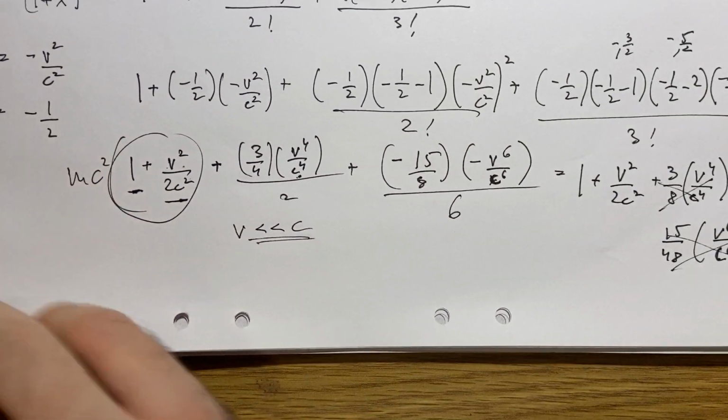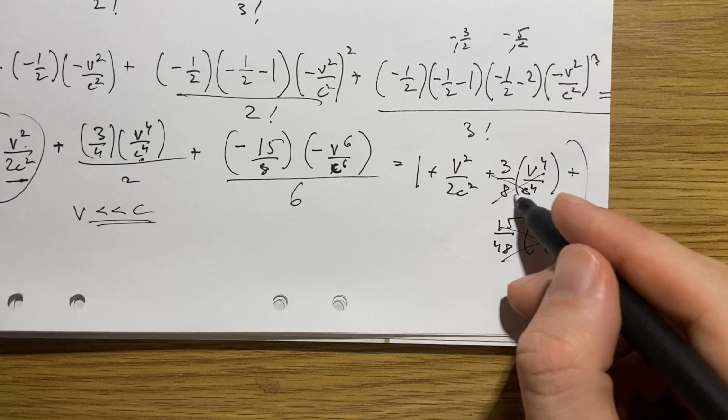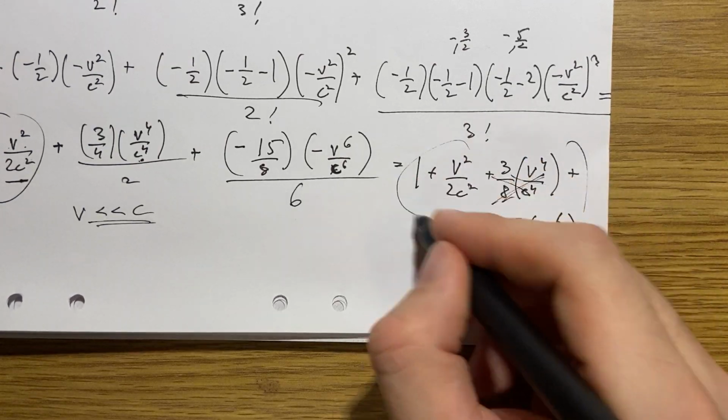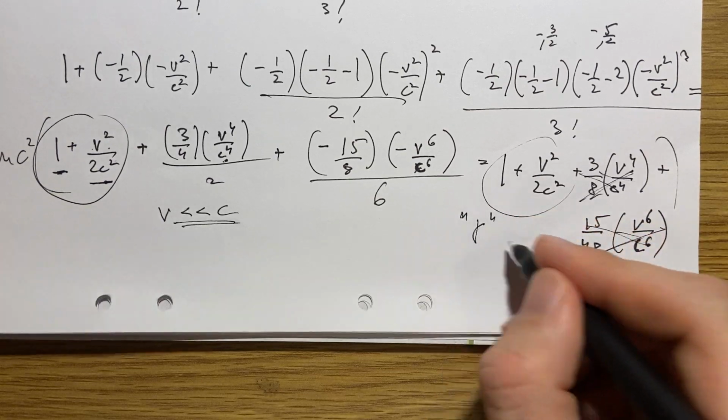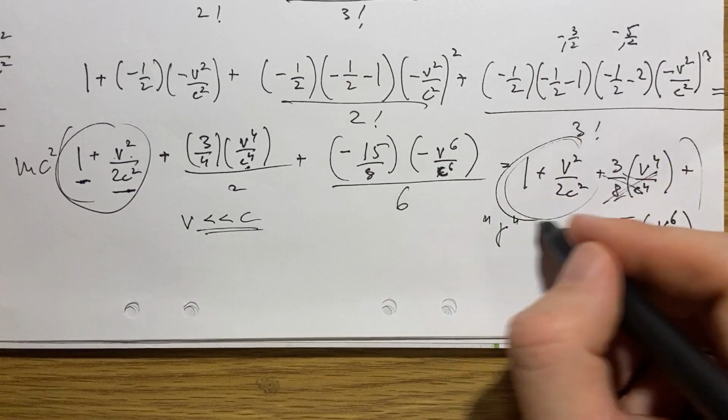So let's see what we'll get if we ignore this term and only keep these two terms out of the so-called gamma. It's not a true gamma, but this is what we'll keep.